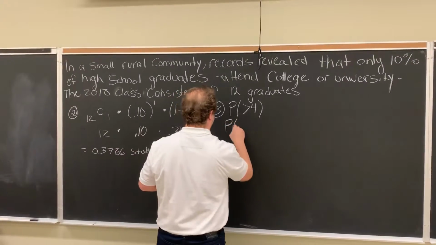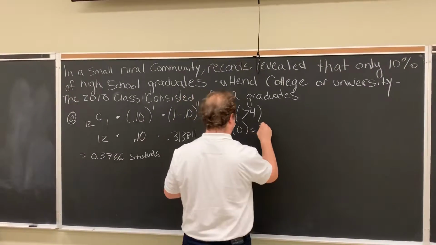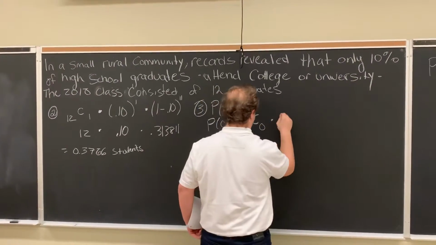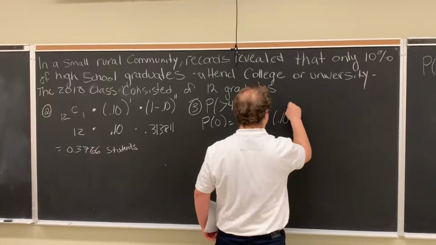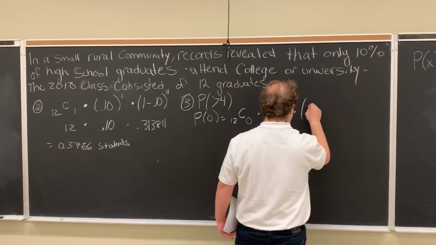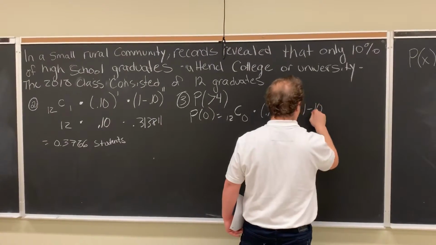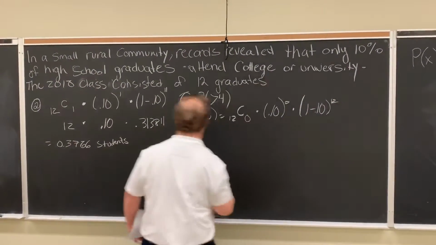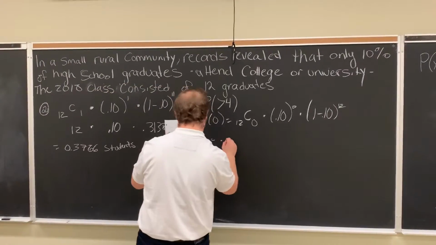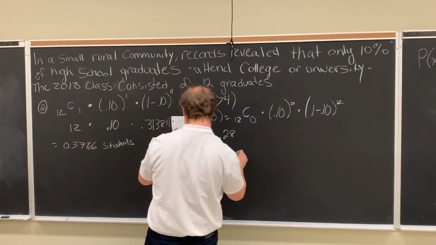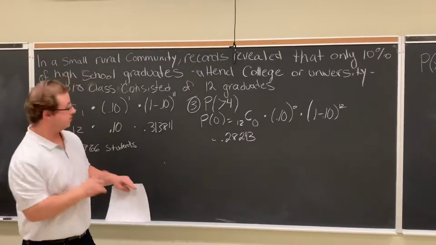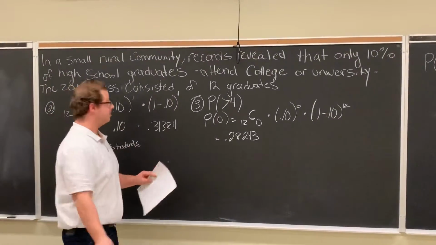So, 0, follow the same formula, so it's 12 C 0, times the same success rate of 0.10 to the power 0, times 1 minus 0.10 to the power 12. The answer for this is 0.28243. So the percentage of 0 students attending is 28% roughly.